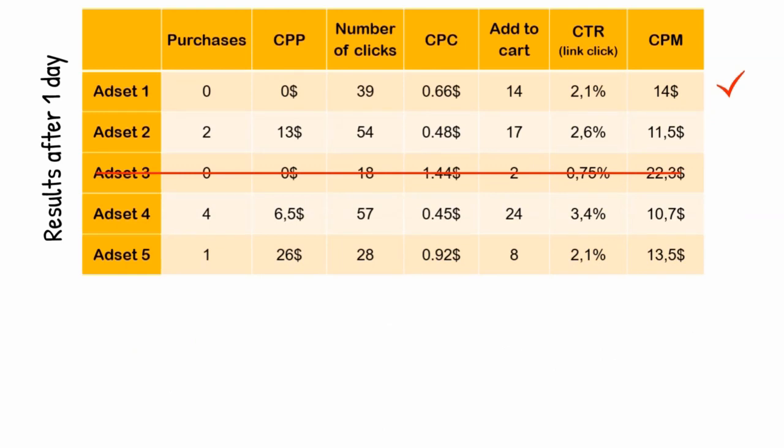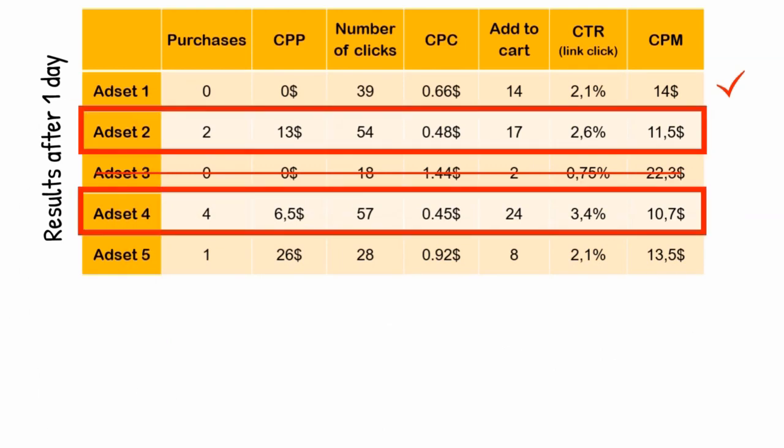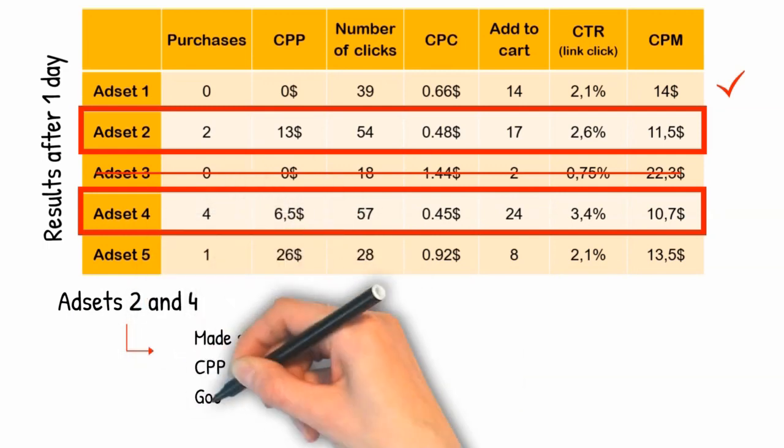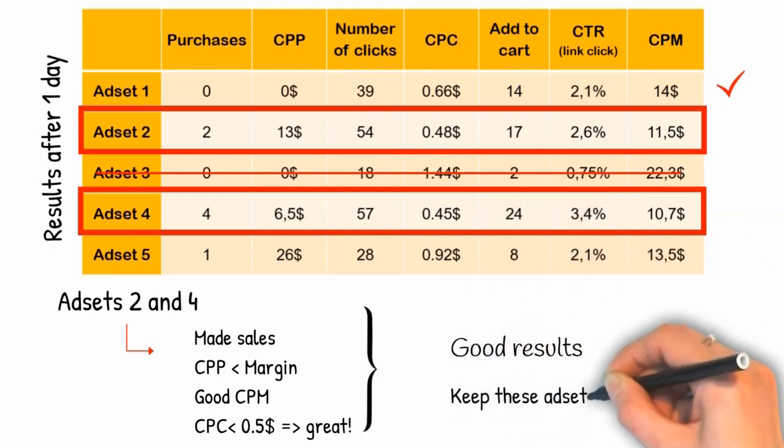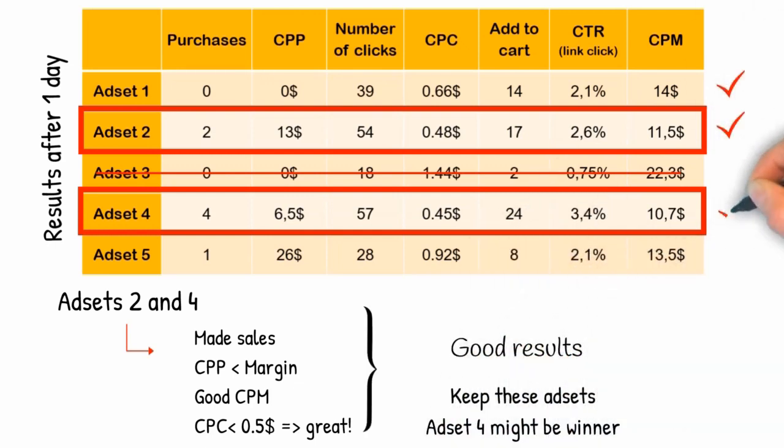Ad set 2 and ad set 4 are great. They made sales. The CPP is less than the margin, which is $15. So we made some profit here. The CPM is also great. We'll definitely keep these 2 ad sets for later. Ad set 4 might be a winner one.